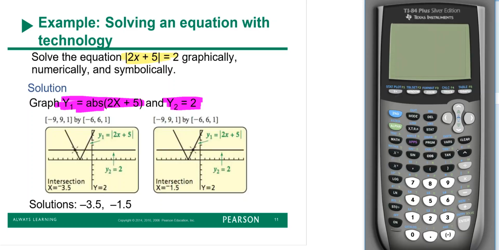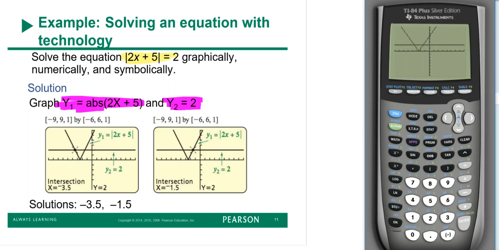I'm going to go to y, and I'm going to do 2x plus 5. Let me clear that, and then to get to absolute value of 2x plus 5, I have to go to math, num, and then pick ABS for absolute value. I'm going to put 2x plus 5 in there and get out of the absolute value. And then for y2, I'm going to put y equals 2. And then I'm going to graph it.